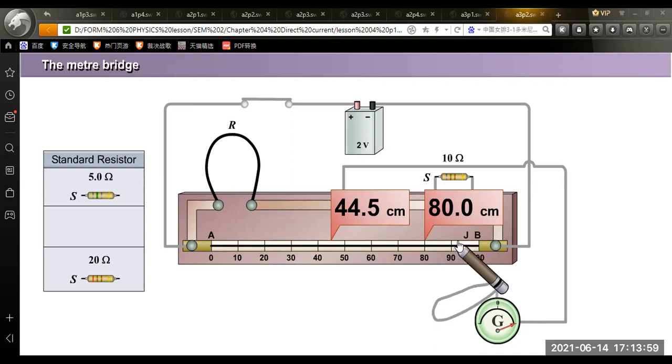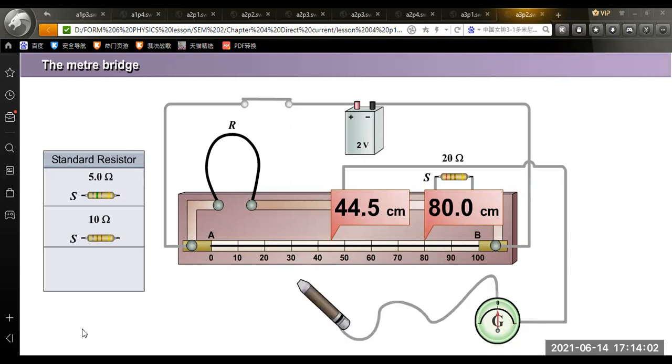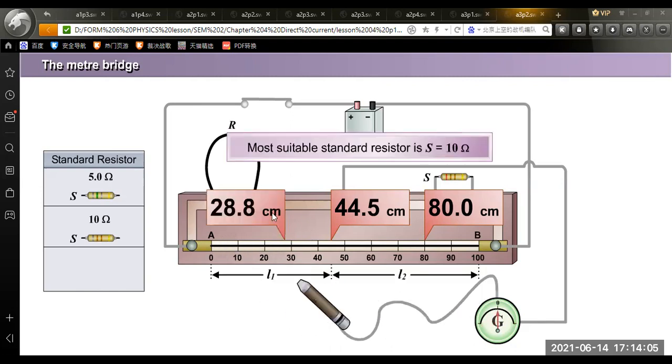If I increase to 20 ohm, I find the reading is 28.8 and 71.2. So which is most suitable? We try to get both lengths almost equal; L1 and L2 almost equal is the best. As a result, we use the 10 ohm resistor, which is the most suitable.